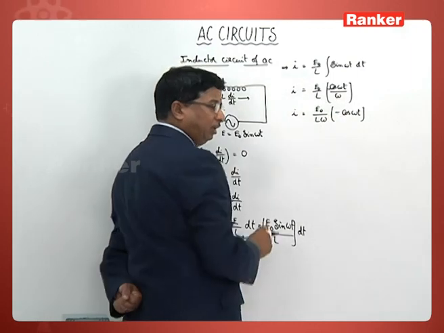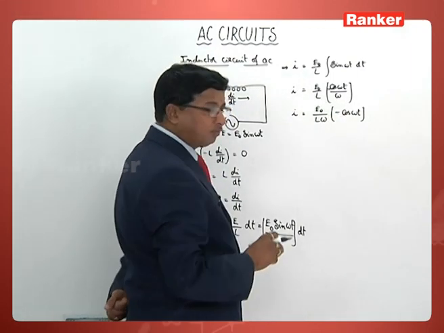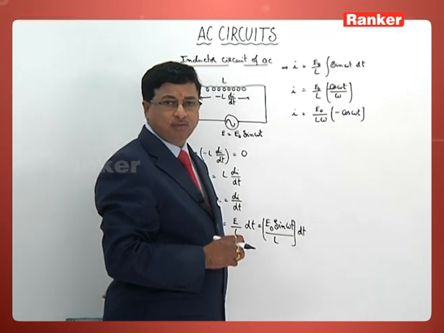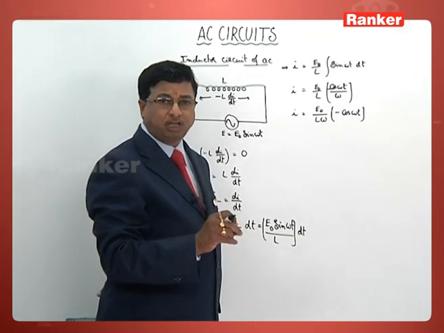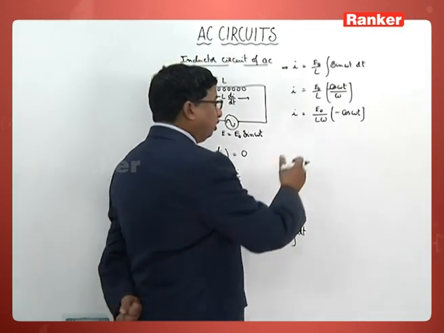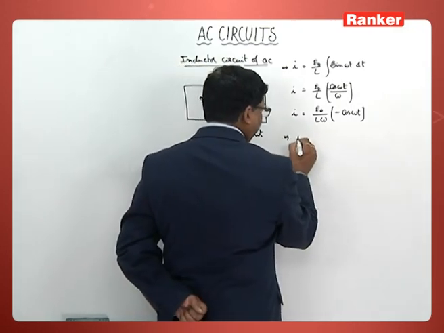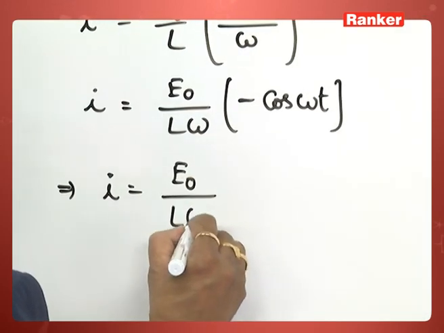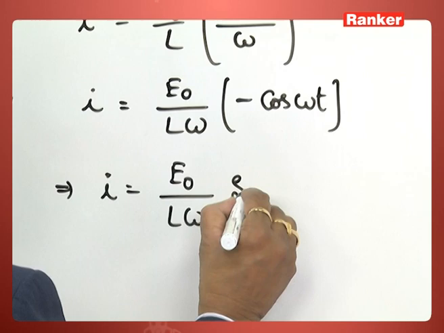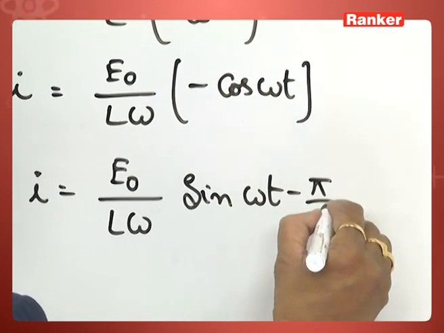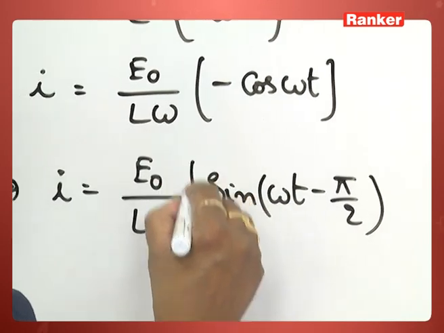But mathematically, minus cos omega t can be written as sin of omega t minus pi by 2. So what can we write here? I is equal to E naught by L omega sin omega t minus pi by 2.